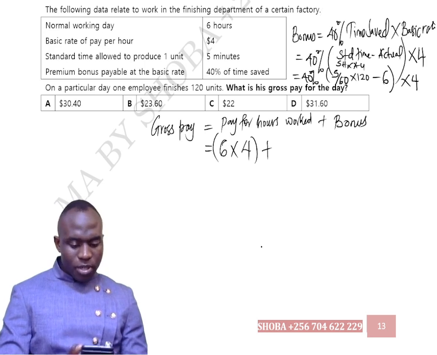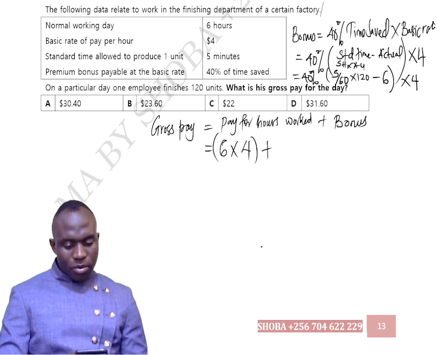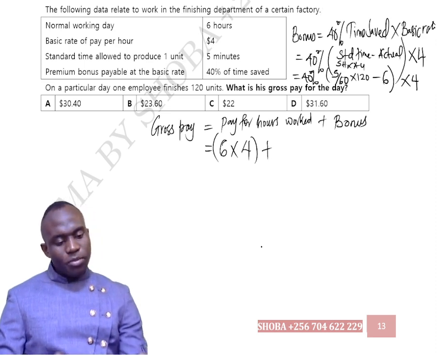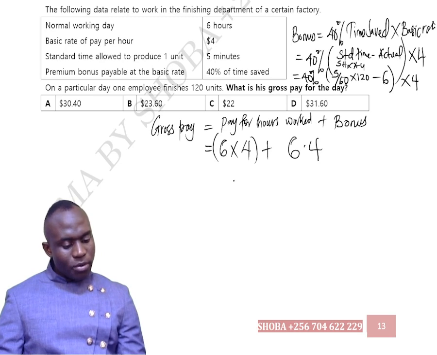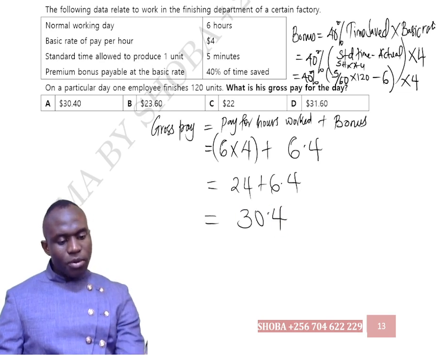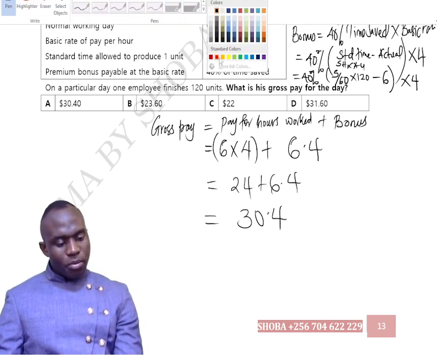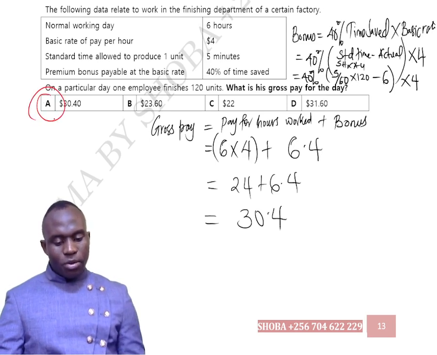It is 40% times brackets, 5 out of 60 times 120 minus 6 hours, times 4. So it is giving us 32 over 5, which is 6.4. So bonus is 6.4. And this is 24 plus the 6.4. So the answer we get is 30.4. So our total payment is 30.4 and the correct answer is therefore A.